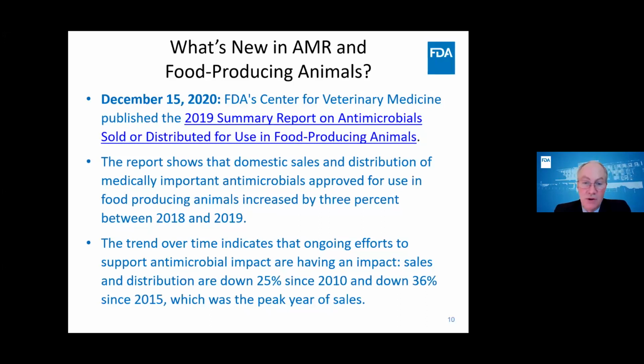However, the trend over time that probably reflects all of our ongoing stewardship areas to support antimicrobial stewardship indicates that sales and distribution are actually down 25% since 2010 and down 36% from 2015, which actually in the United States represented peak year of sales.